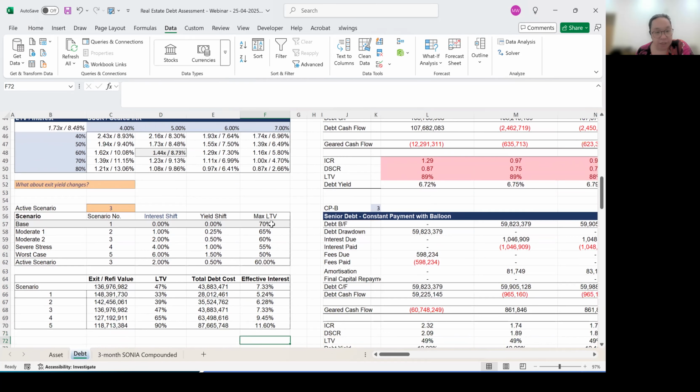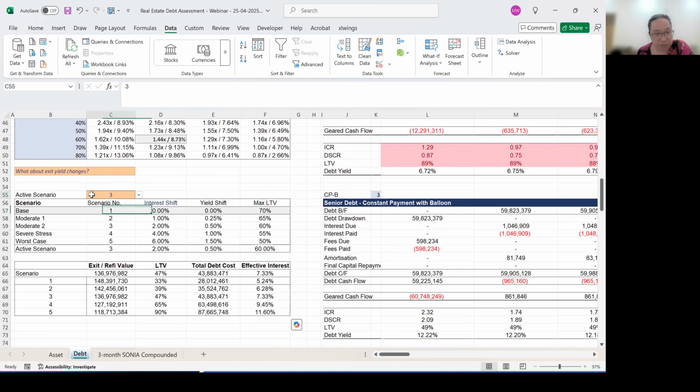Another thing here is in terms of this active scenario. Oh, now I know why that was the problem, because when we have the active scenario here, when we're doing the scenario analysis, we can also stress, like, okay, what is my base case? What is going to be my moderate, 3 for example, 4 and 5, the worst case scenarios.